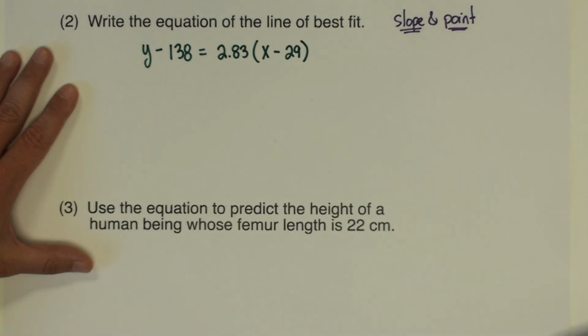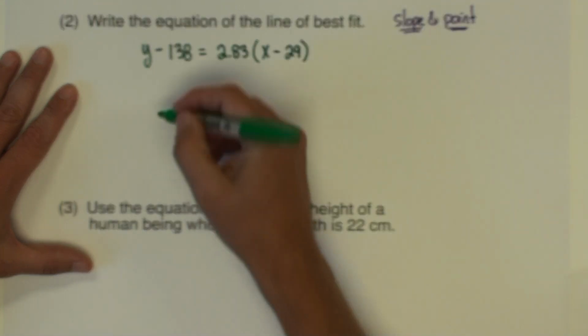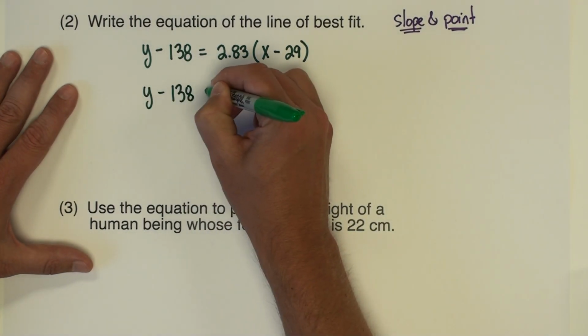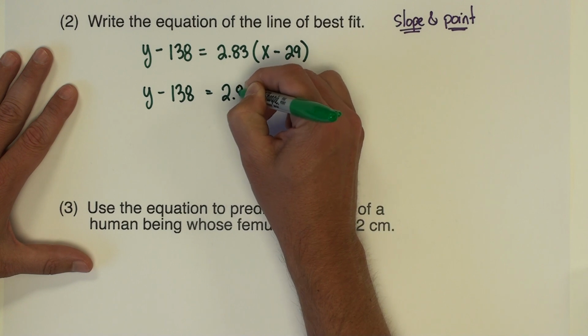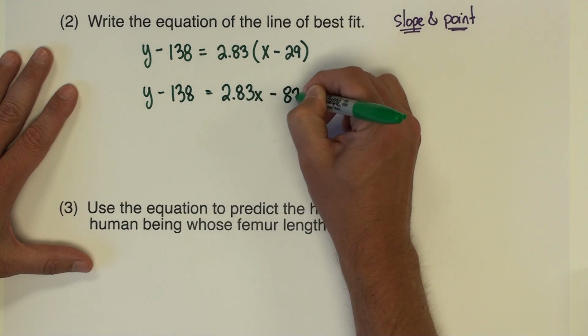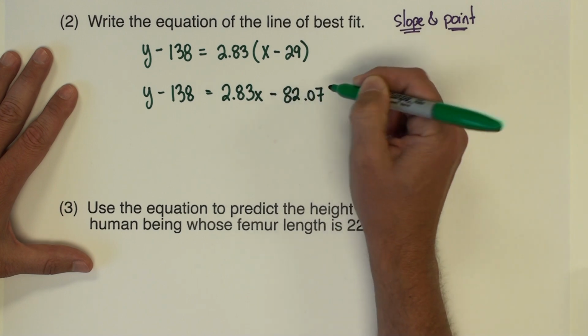I am going to use a calculator to help with these computations. So let's see, distributing 2.83 times 29, it's going to turn this into y minus 138 equals 2.83x minus 82.07.